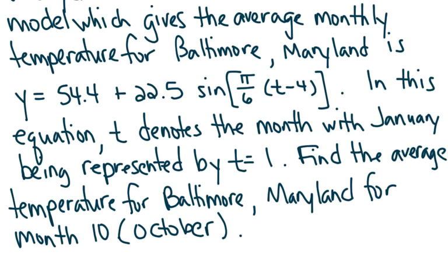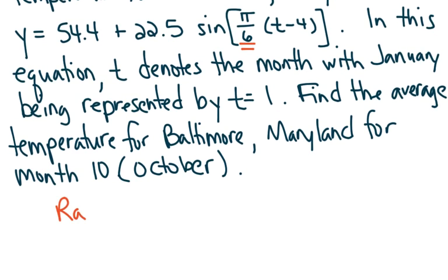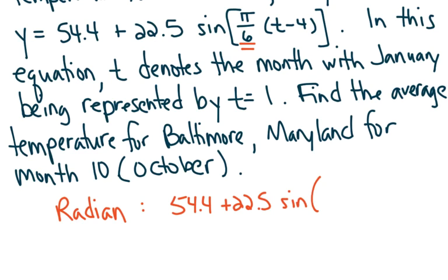What we're going to do is just plug this into our calculator, but there's something you need to know. Notice this. That looks like radian measure. Before you plug this into your calculator, make sure you are in radian mode. And then you're going to type in 54.4 plus 22.5 sine of pi over 6, another set of parentheses, 10 minus 4, and then hit enter.